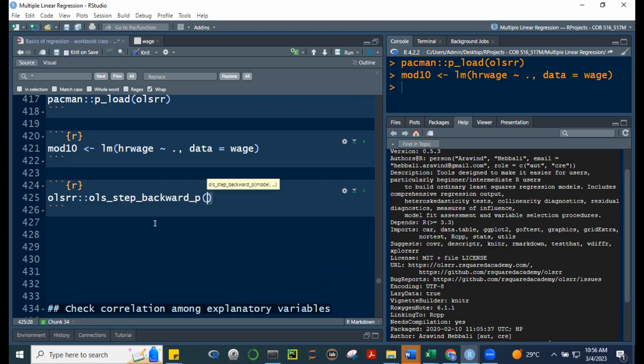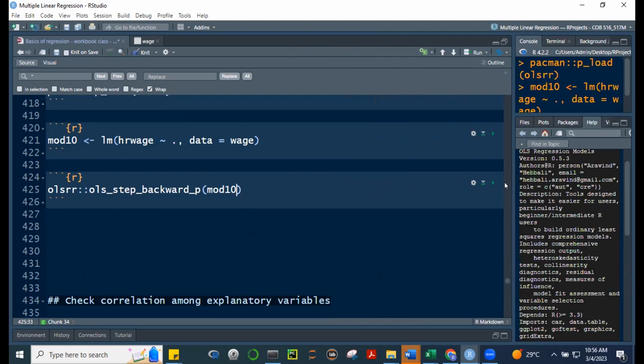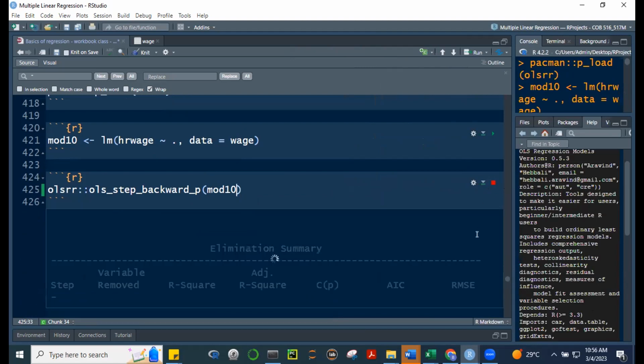So let's run that, using model 10, the complete model. So we're now using OLS step backward using P values as the basis for model 10. Let's run this.